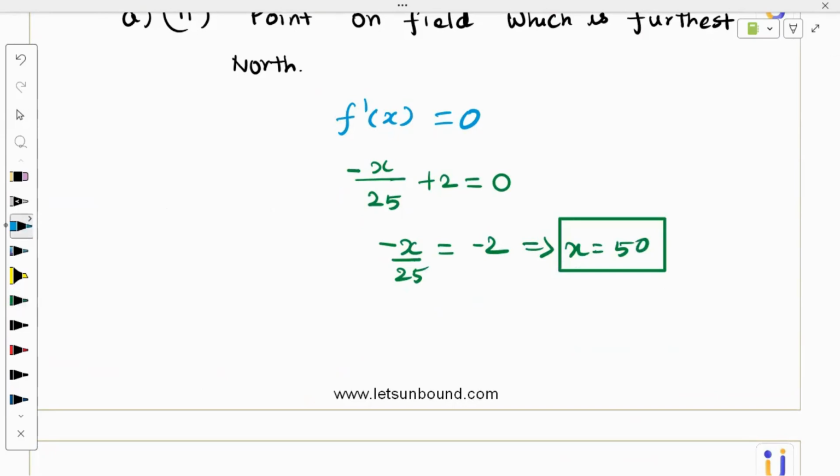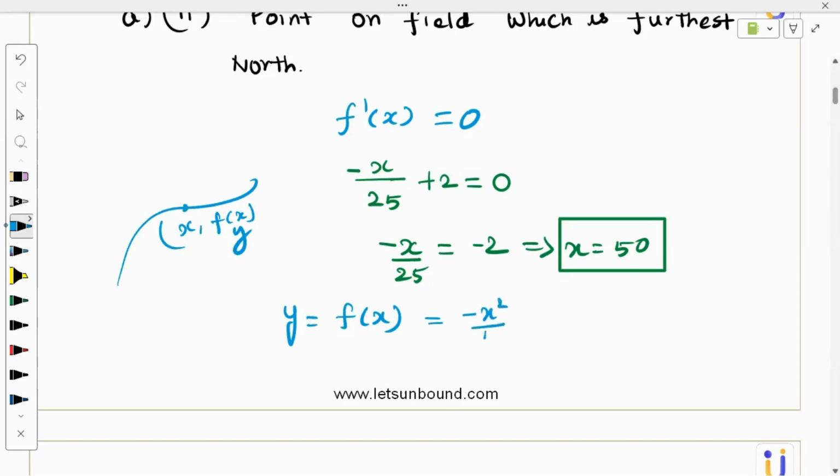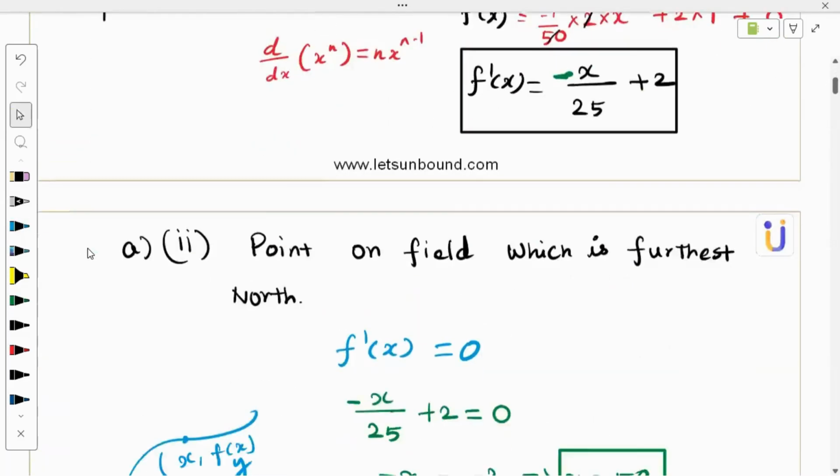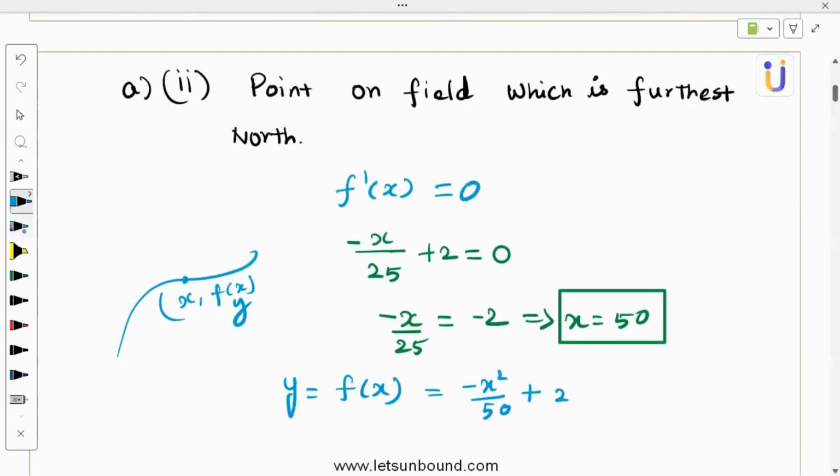For the maximum I need the y value also. For y, you have to consider f of x. Any point on the curve is modeled by x comma f of x, that is, y is your f of x. So my f of x is minus x squared by 50 plus 2x plus 30, and I know what my x is, so I can just substitute.